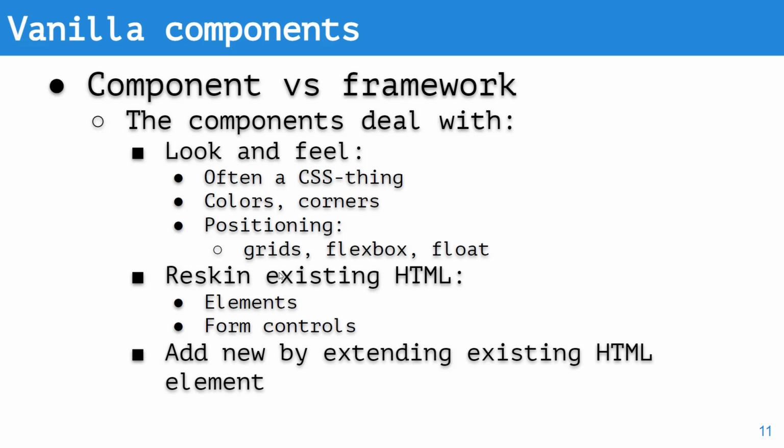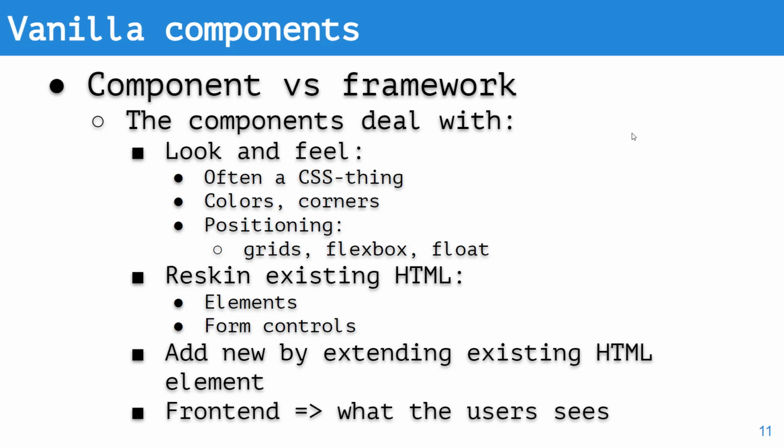So another way to look at components is the thing that the person clicks on, swipes on, chooses something out of. It's very much human interacting with something, very front facing or front end, okay? So that's a big thing: the front end, what the user sees, what the user manipulates to make the app do something.